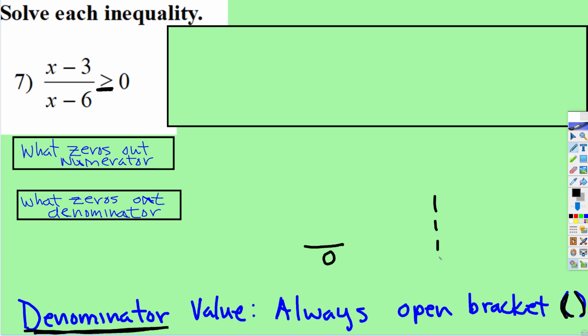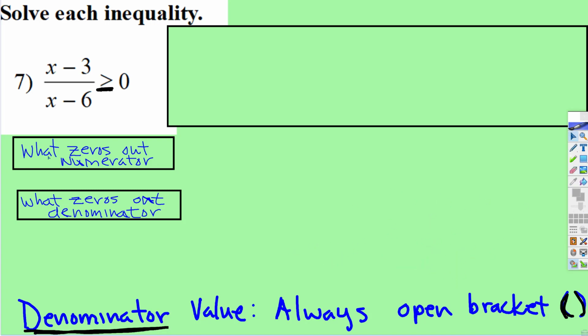That means there's a vertical asymptote. And remember, lines get really, really close to a vertical asymptote, but never touch it. And so we can't have a solid bracket for any number that zeroes out the denominator. So I just wanted to add that.